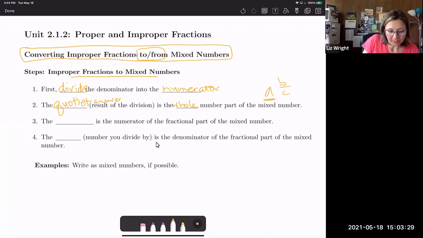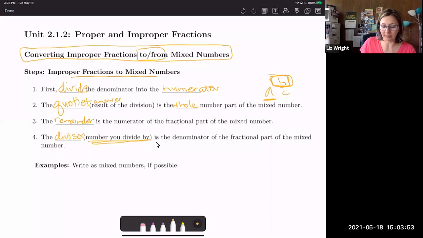And the remainder is the numerator of the fractional part of the mixed number. So it's going to be like letter B here. And then the divisor, another good vocab word. The number you divide by is your divisor.